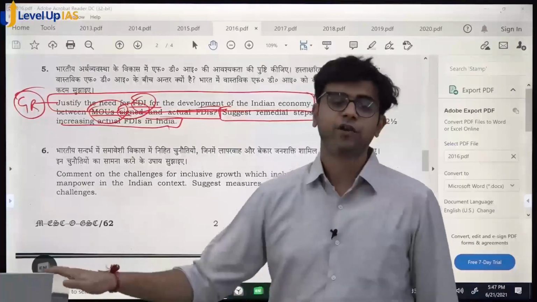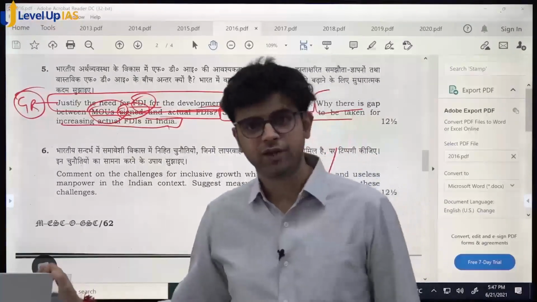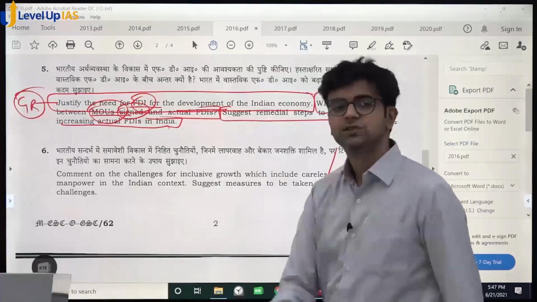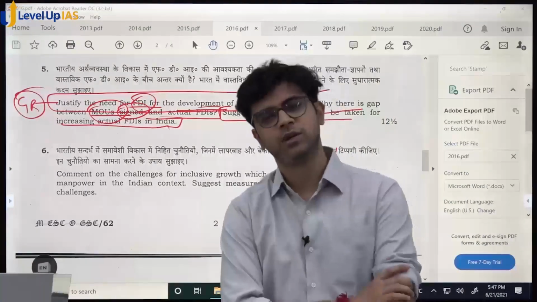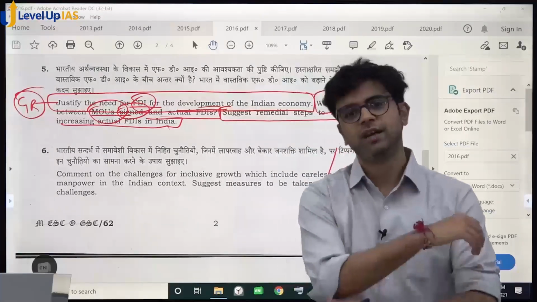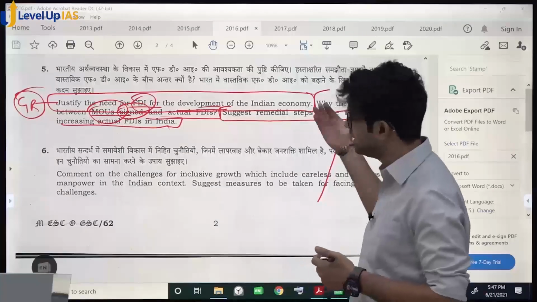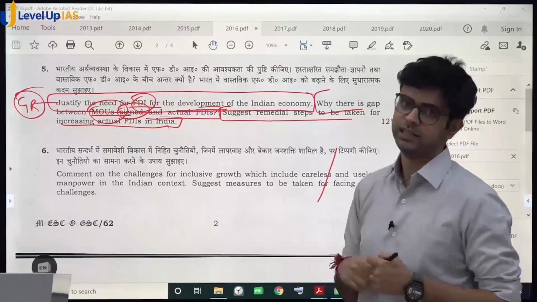So one of the drawbacks of India's FDI is that actual FDI mobilization is very less. We are not saying that, the question is saying that. So you can write that note down somewhere, so that whenever a question on FDI comes, you can literally use this line in your answer itself.